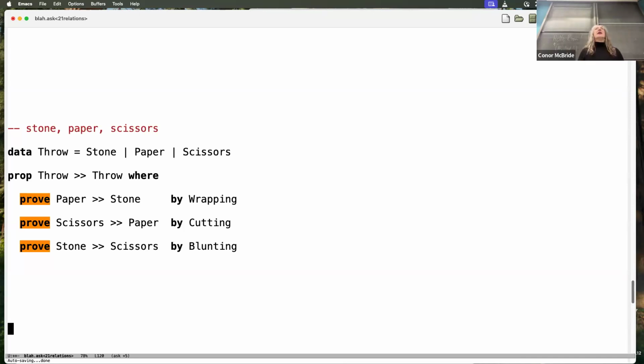Actually, we call this a relation. So a relation is a proposition which has some parameters. That's often, but not always, 2. So here we're defining a relation, which I'm going to pronounce beats. And this is an infix thing, and it relates 2 throws.